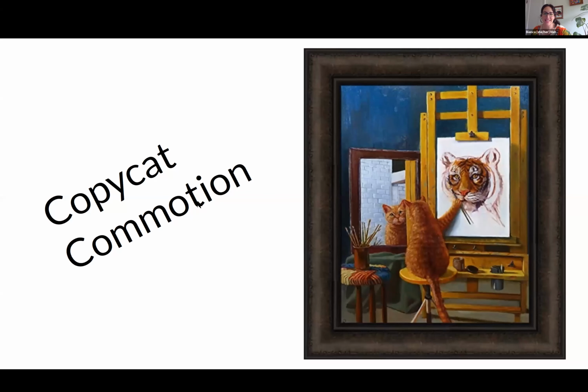All right, so our next game is Copycat Commotion. In this game, you'll see an image shared on the screen, like that image, but we're not going to use that one. You'll have a certain amount of time per image to search your surroundings and position yourself to recreate what you see in the image.